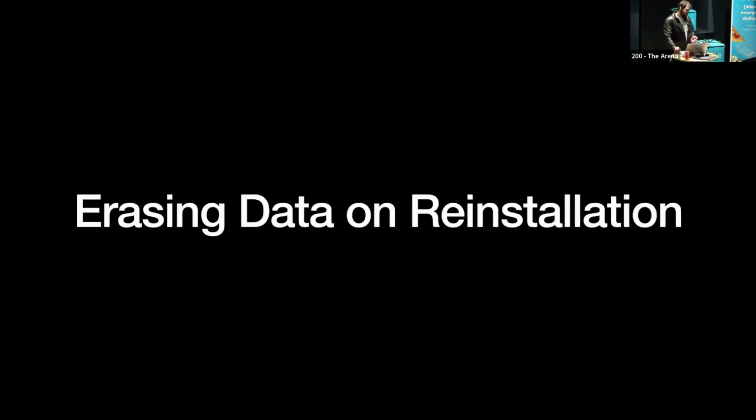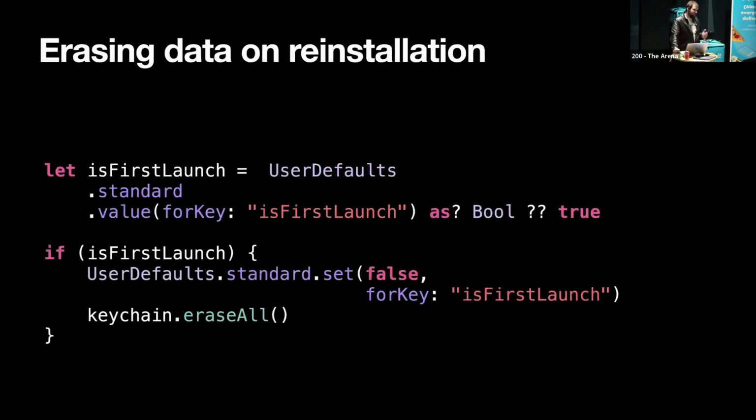And one of the cases that I often see with a keychain is erasing data on reinstallation. As you know, keychain does not erase the data when you reinstall the app. And that usually causes a lot of problems for beginner developers and for more professional developers as well, even who know that. They use some concept similar to this.